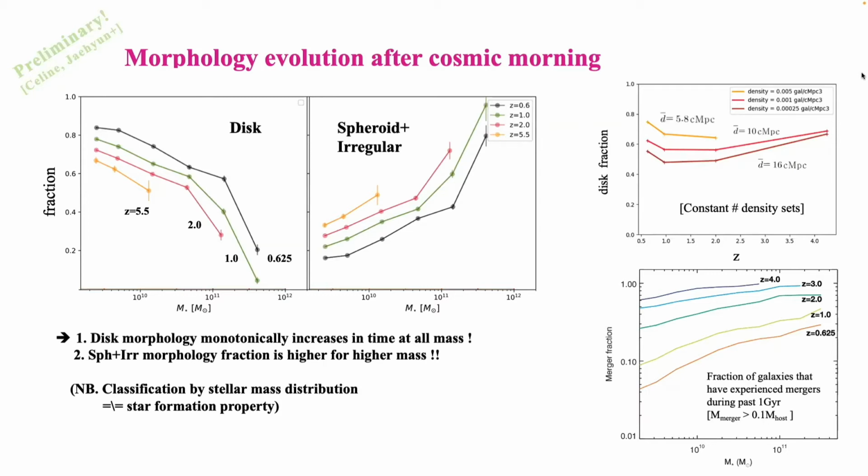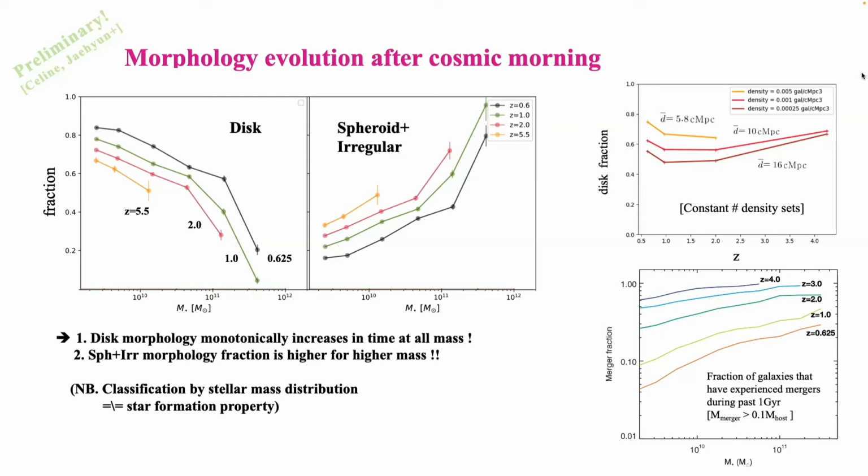If you follow a specific target galaxy, which is increasing its mass in time, then you actually travel this way. So when you are looking at a fixed galaxy, it's getting heavier and becomes either more spheroidal or irregular, of course. So there are two effects coming in.